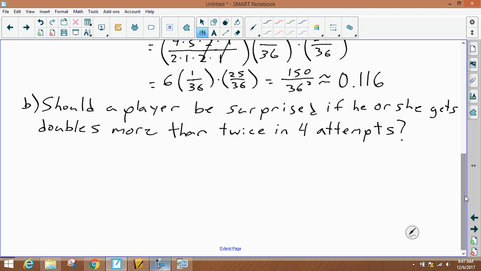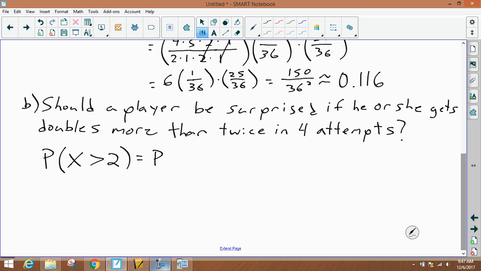So, in other words, we are being asked to find the probability that our random variable x, which is binomially distributed, is greater than 2. Okay? So more than 2, exactly, not 2 or more, but exactly more than twice, right?